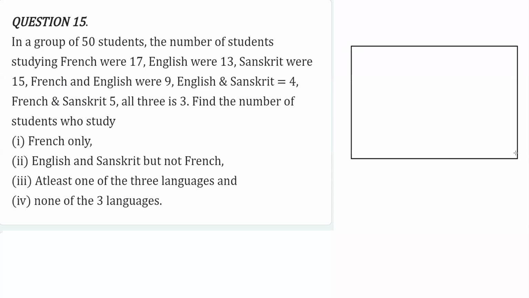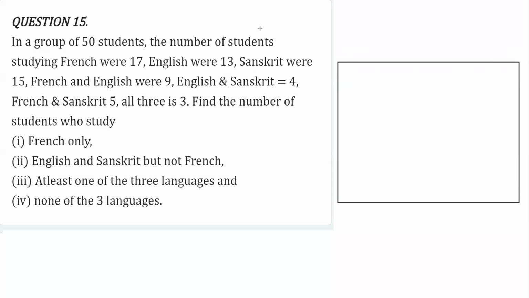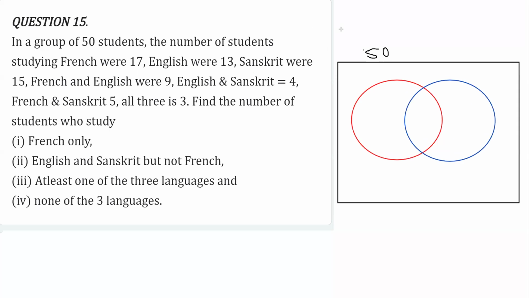Let's say the total people is 50. Now I'll make 3 circles, first for French, then English and Sanskrit.